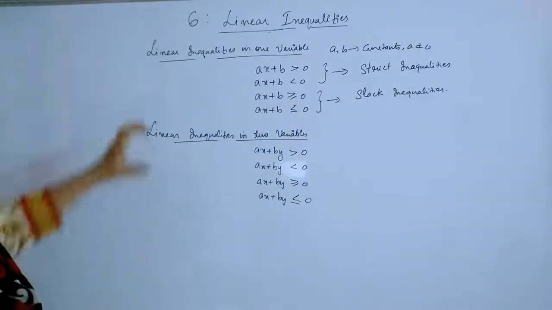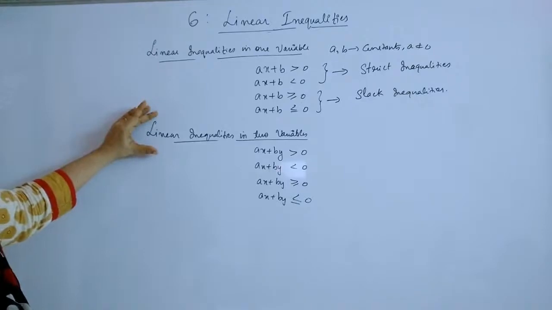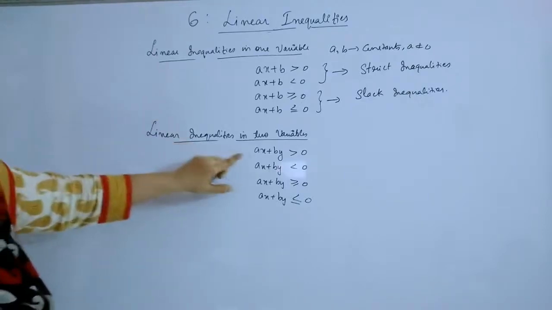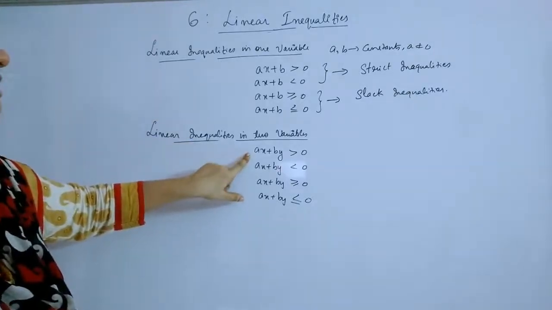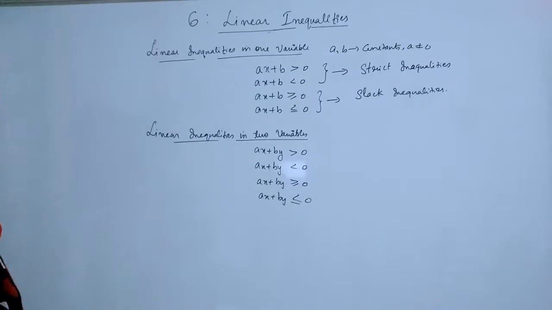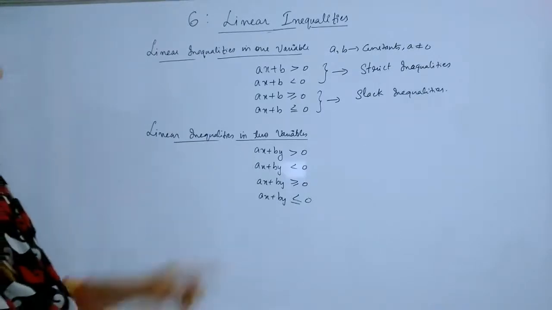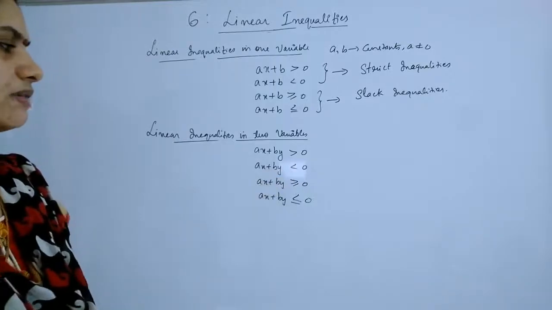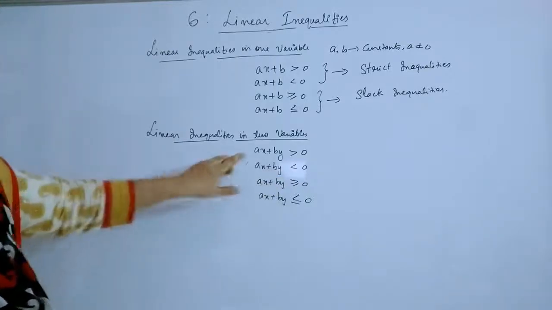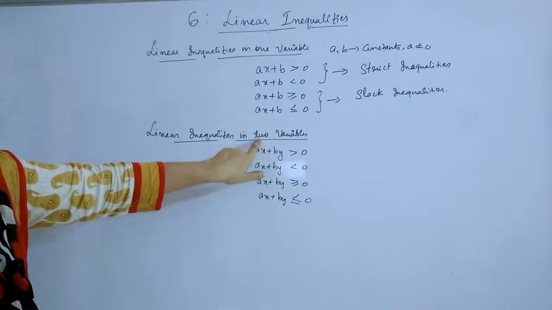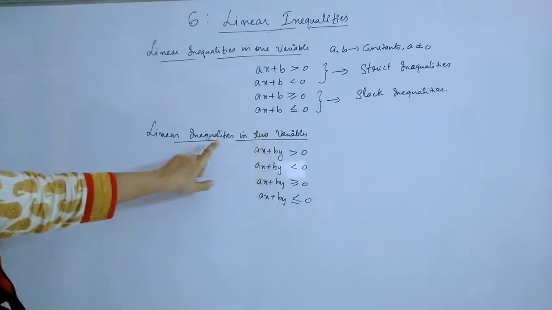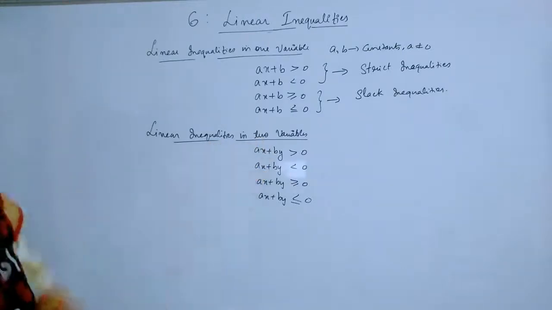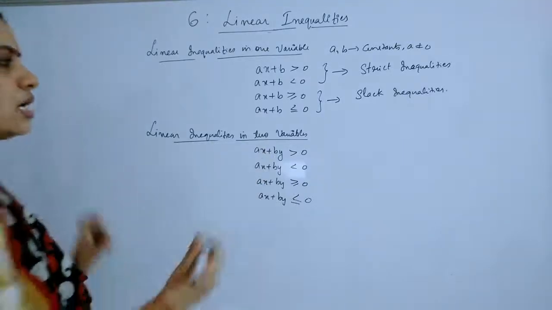The other type is linear inequalities in two variables. Here we have the form ax plus by greater than 0, ax plus by less than 0, ax plus by greater than or equal to 0, ax plus by less than or equal to 0. Here you can see that x and y are two variables in this inequality, and a and b are again constants with a and b both not equal to 0.